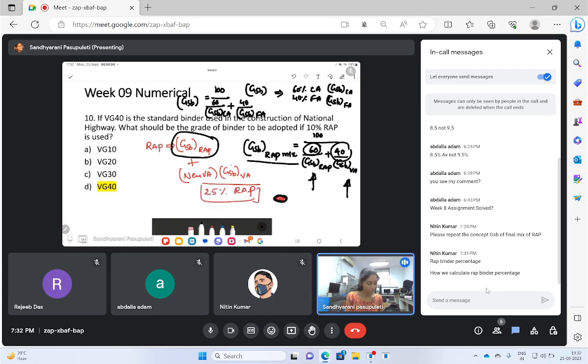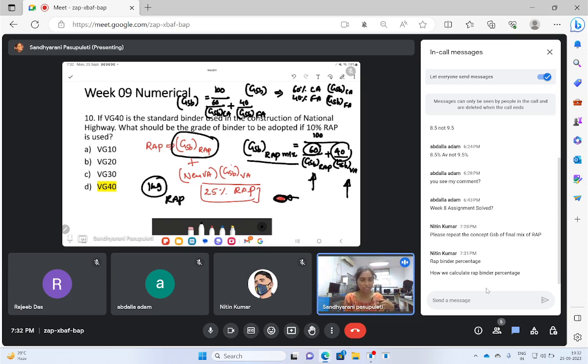Now we have to calculate how much bitumen is there. For this, first we have to perform the extraction and recovery process. Let us say I will take 1 kg of RAP. It has aggregates and the coated bitumen also.